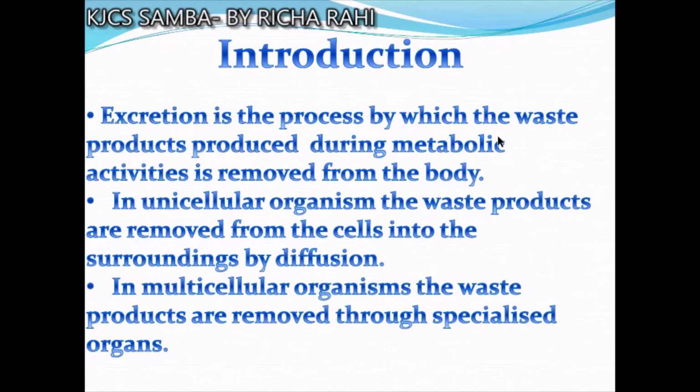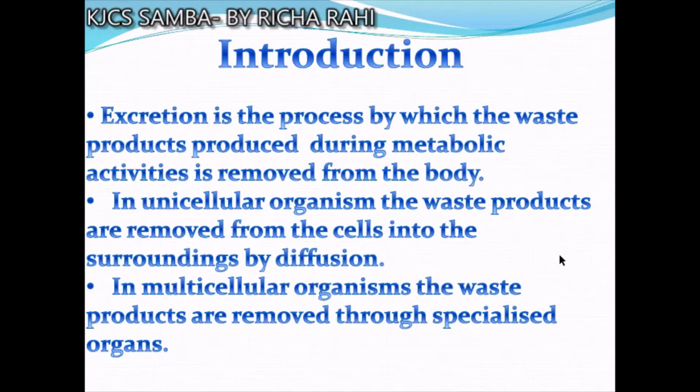These waste materials are produced during the various metabolic activities that are taking place inside your body, and these materials are not required by the body as they are very harmful. So there must be a system required by the body which is needed for removal of that waste. This system is called the excretory system and the process is called excretion.